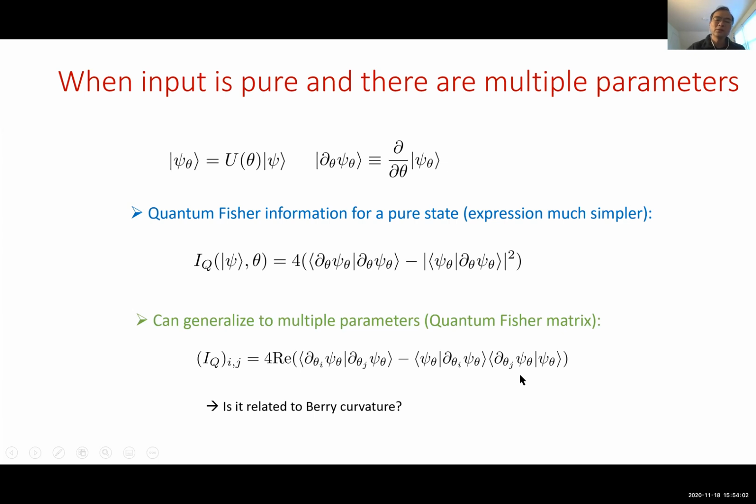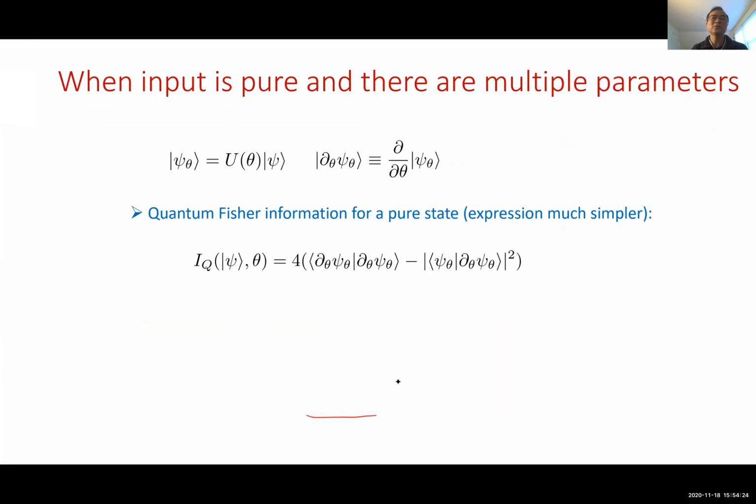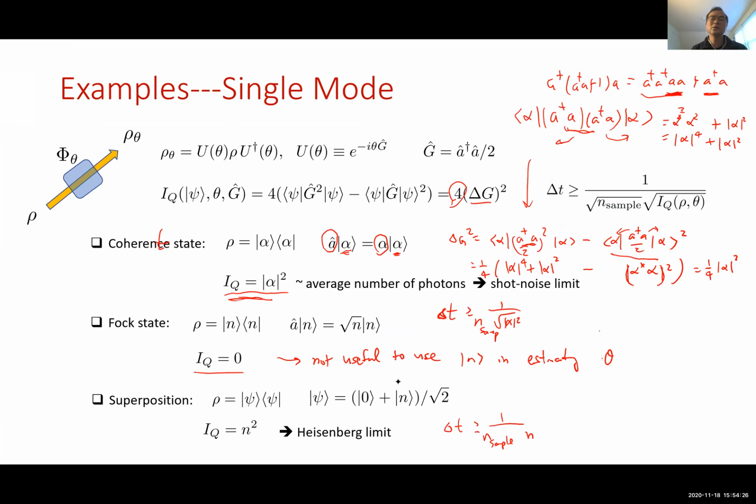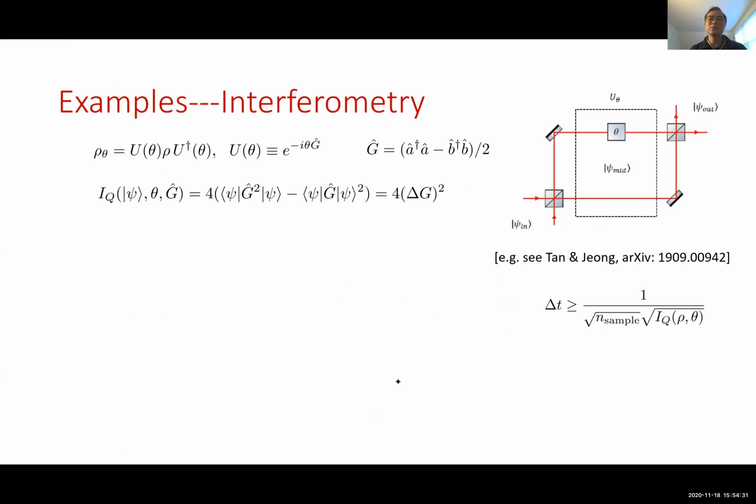For those that are familiar with Berry phase, it looks like it might be related to Berry curvature, but I'll leave this subject out. So probably this will be the last example. We have been considering the so-called single mode because there's just one mode. If we consider multiple modes, for example 2 modes, meaning that there are 2 different paths in this particular example here.